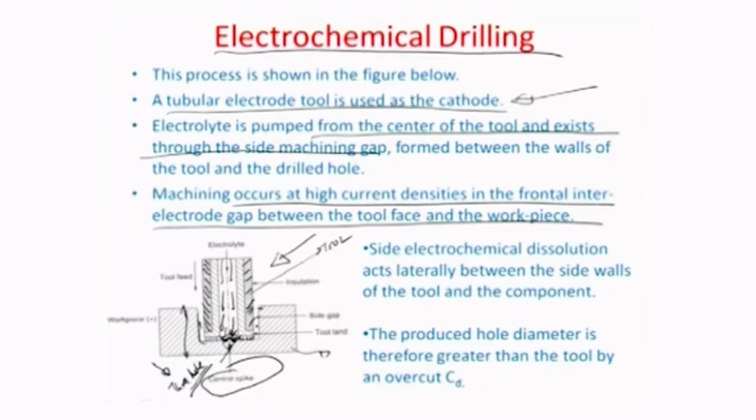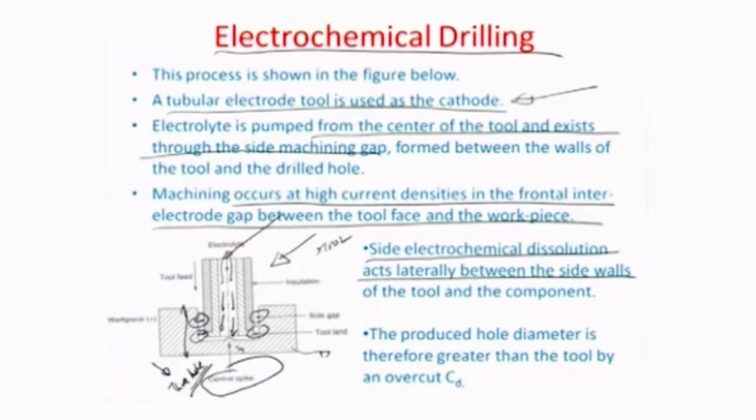Okay, so there is a tendency of this ridge to develop, and that is only because of this coaxial portion made in the tool for the electrolyte flow. Side electrochemical dissolution acts laterally between the side walls of the tool and the component, somewhere in these regions here. So the side gaps on both sides which exist is where the side electrochemical dissolution would happen.